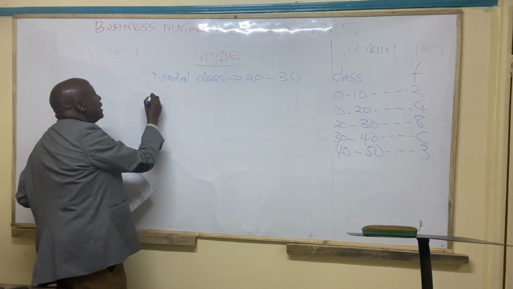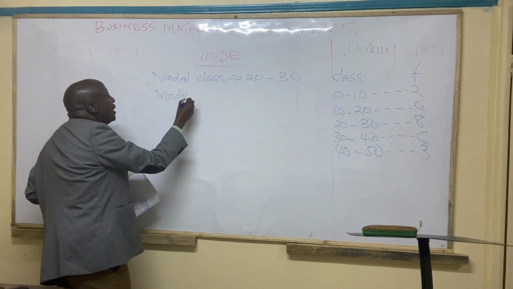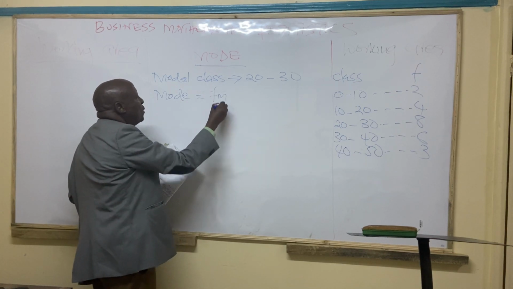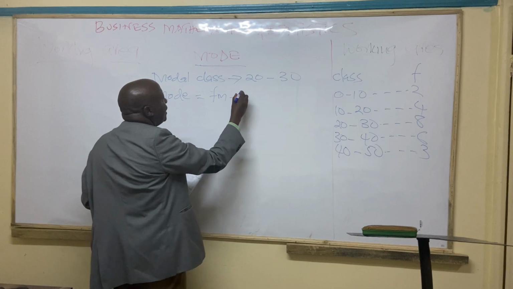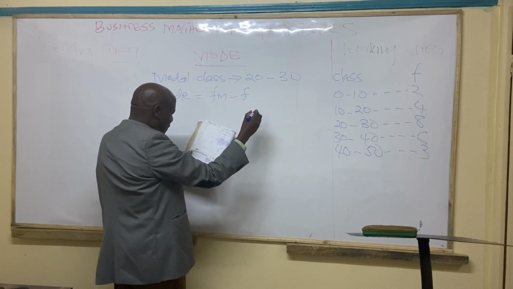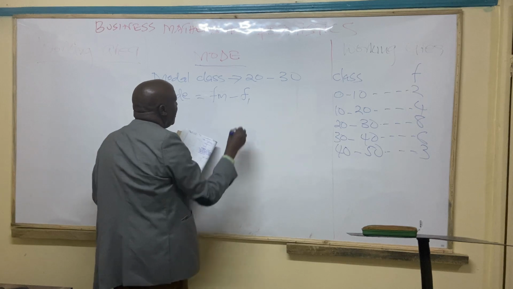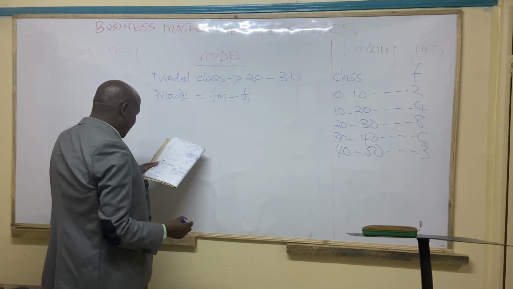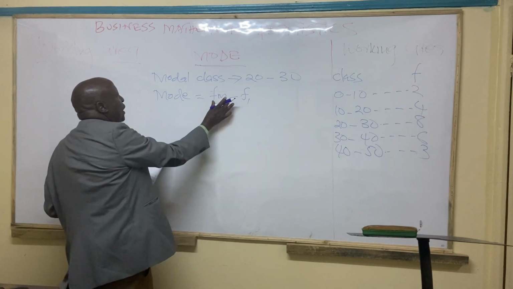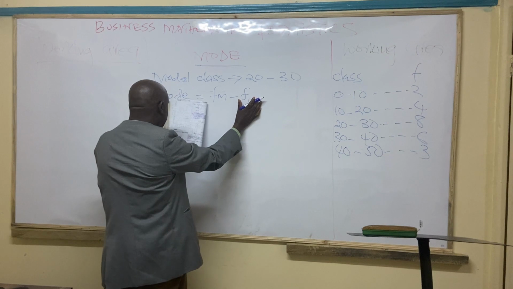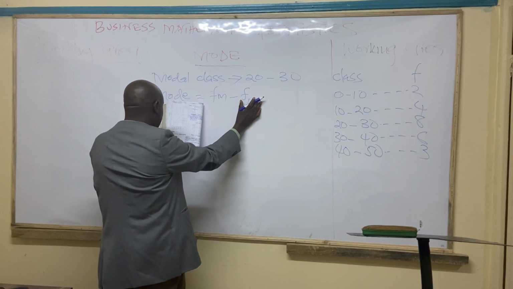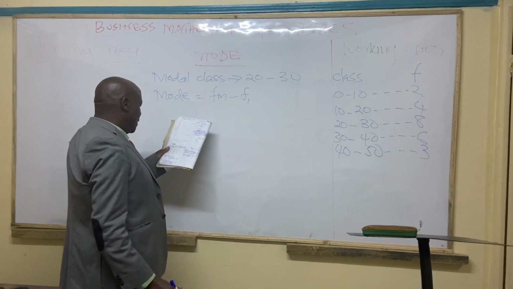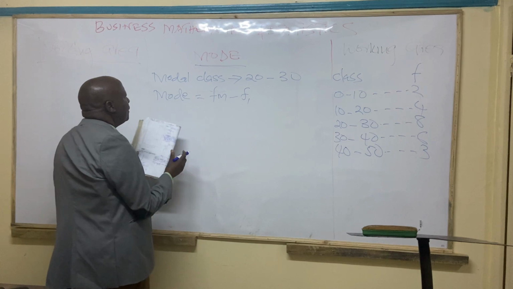And our formula is mode is equal to Fm minus F1. Fm is the frequency of the modal class and F1 is the frequency.